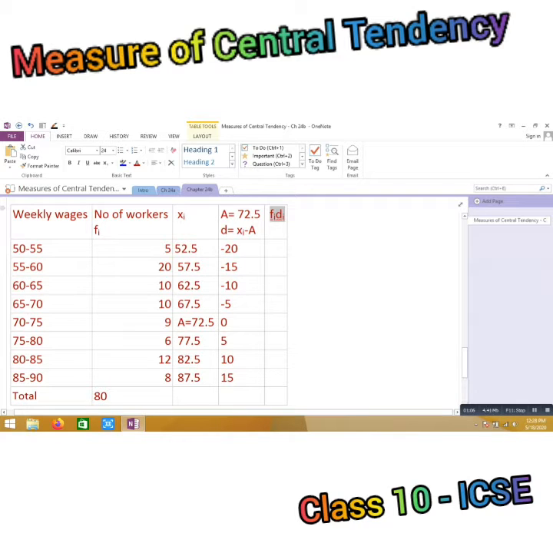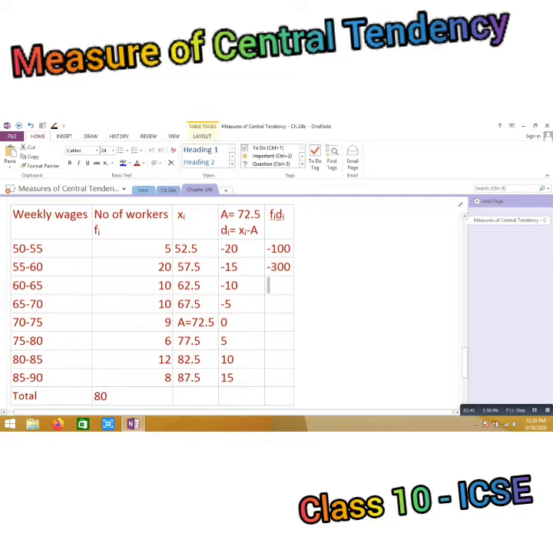Next we need to calculate Fi di, its product. So minus 20 into 5, that is what we are going to find in this column. Minus 100. Next we need to do minus 15 into 20, that is minus 300.